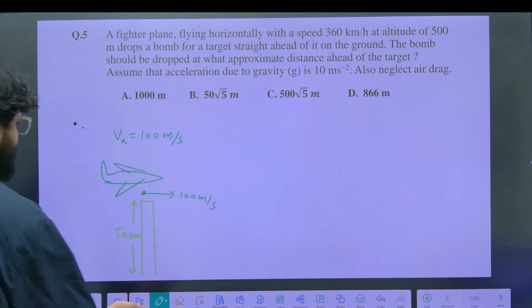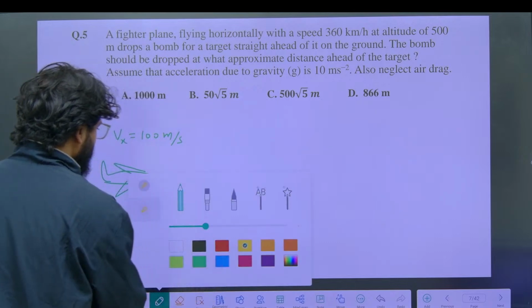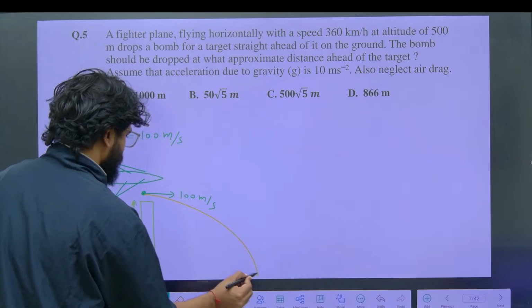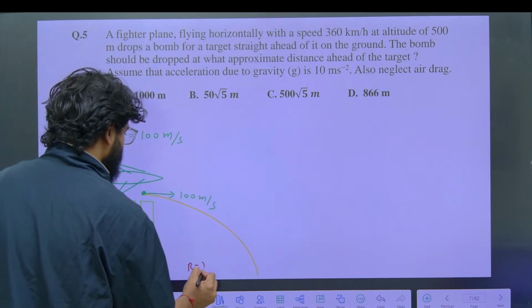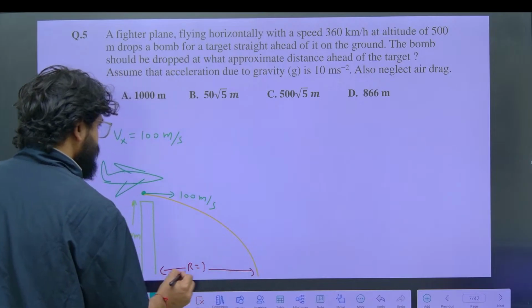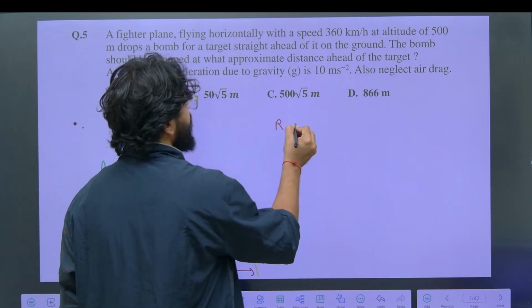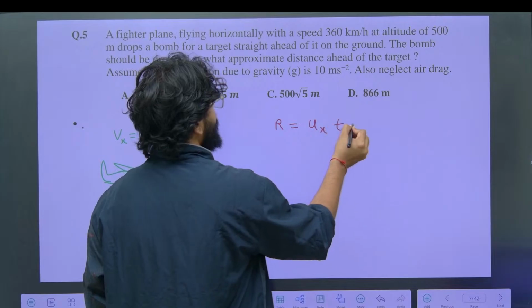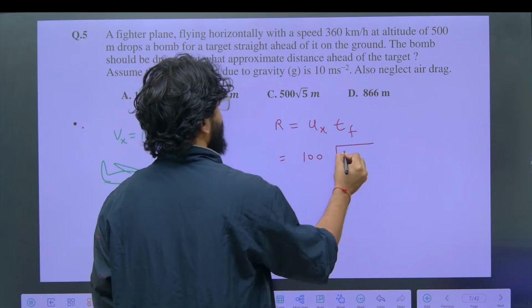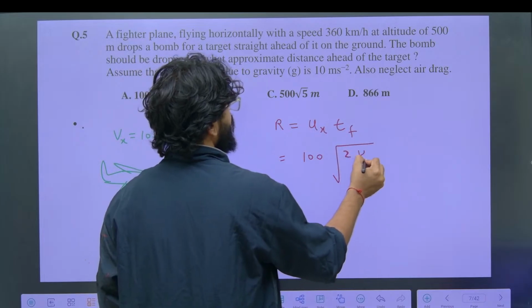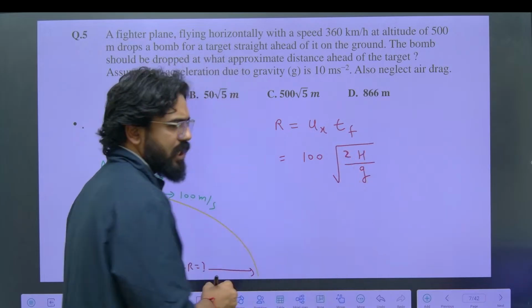Basically they are asking us to calculate the range. Range is nothing but ux into time of flight. Ux is 100, and time of flight is under root 2h upon g.